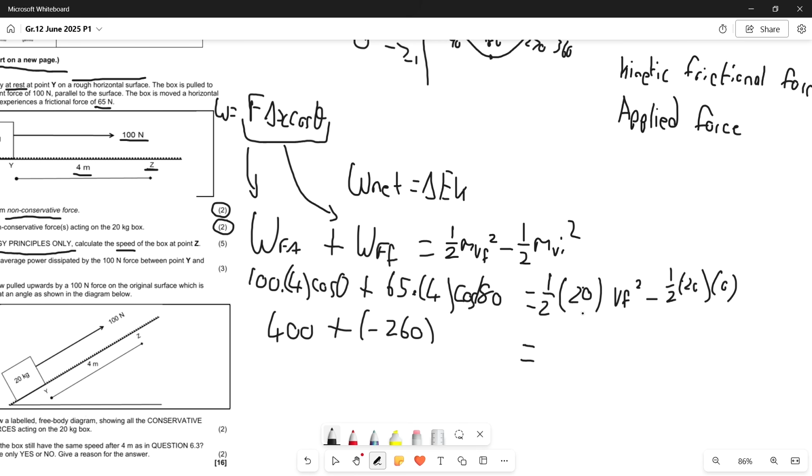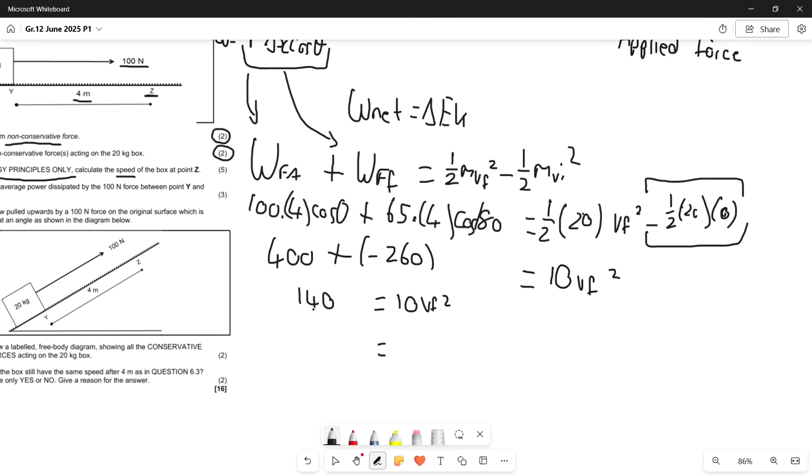And then a half times 20 is 10. Vf squared remains over there. And then a reminder that this whole thing amounts to 0 because we are multiplying by a 0 here, considering the velocity was 0 because the box was at rest. So then 400 minus 260 is 140 over there, and this equals 10 Vf squared.